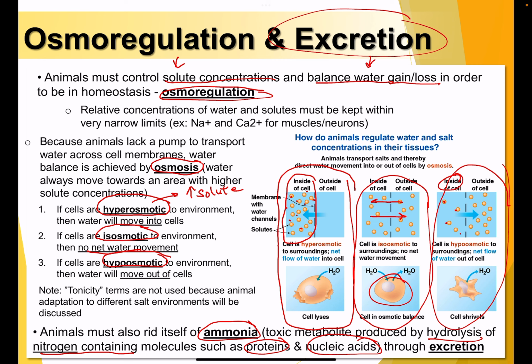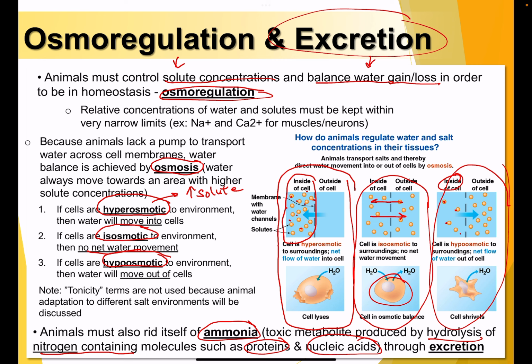Okay, so the nitrogen part of the molecule that you broke down ends up turning itself into ammonia inside the body. So that's why it's a metabolite. It's a waste product from metabolism of your macromolecules, proteins, and nucleic acids. Now, it is a very toxic chemical molecule.